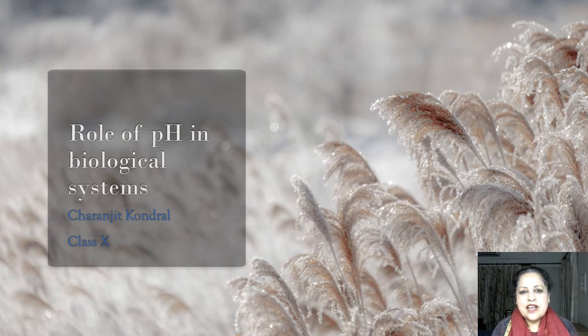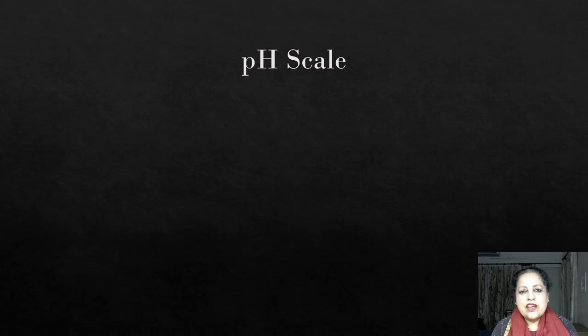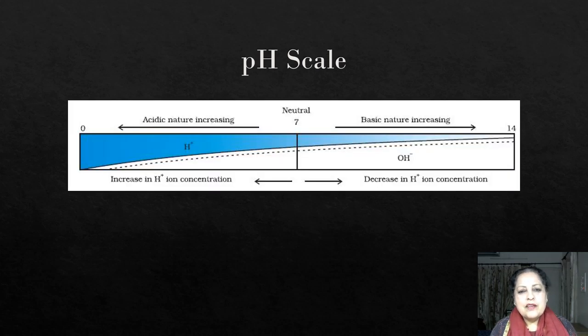Now for the first slide, I'm just going to revise with you the concept of pH and the pH scale. If you remember, we had a pH scale which ran from 0 to 14 and 7 was neutral. That is when the hydrogen ions and the hydroxyl ions are equal. That is a neutral 7.